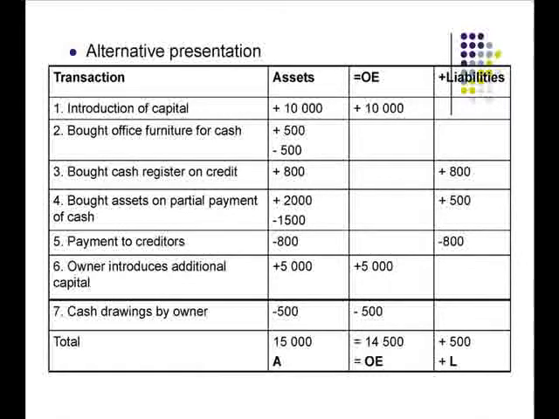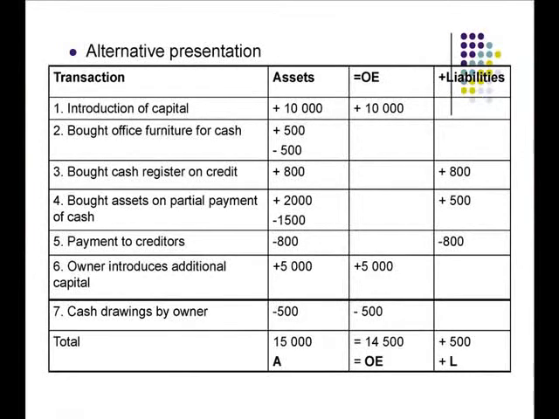And cash register on credit, so then liabilities and assets. So that means both sides of the equation. Here, both assets on partial payment of cash. One asset increase by 2,000, that is the motor vehicle, and another asset decrease by 1,500, that means cash at bank, right? Liabilities increased by 500.